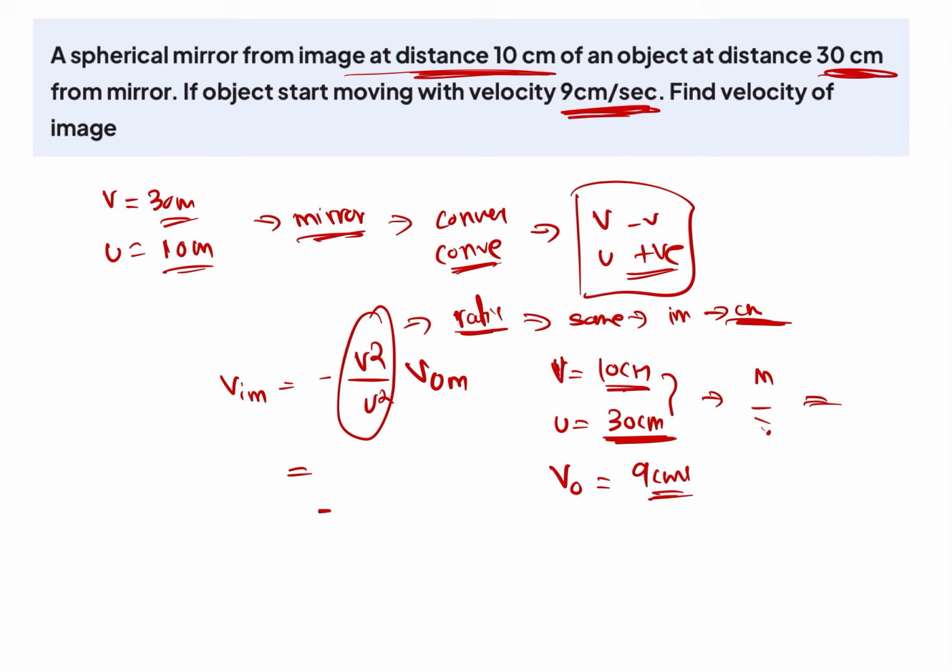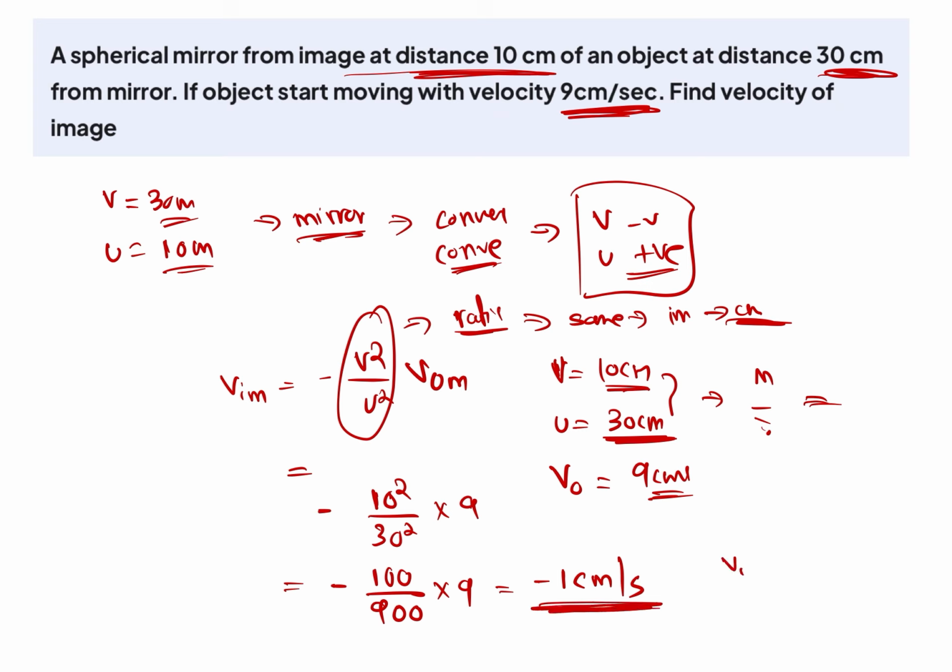So it will be minus V square, 10 square, divided by 30 square, into the velocity of the object, which is 9 centimeter per second. So it is equal to minus 100 divided by 900 into 9, which is equal to minus 1 centimeter per second. This is the velocity of the image.